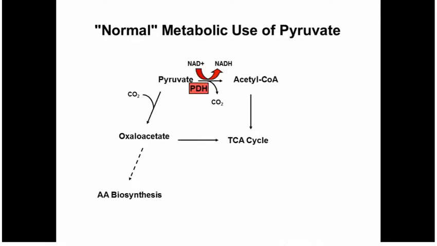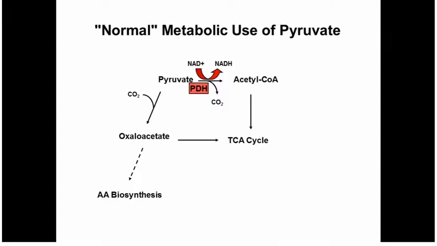Now, for the other fermentation pathways that we're going to look at, you have to have an idea of what other metabolic pathways already exist in bacteria, and I mean metabolic pathways that use pyruvate.